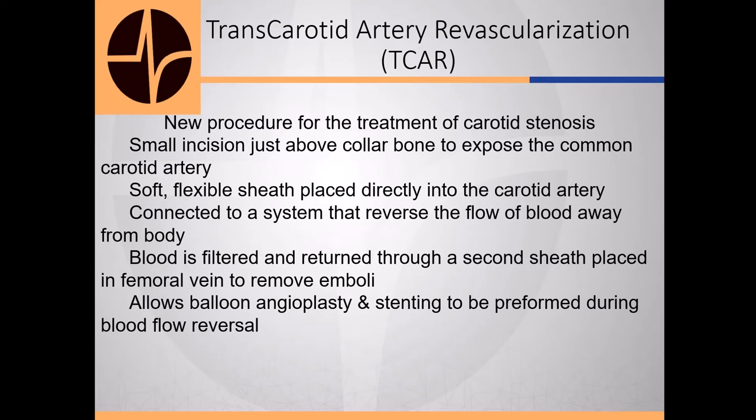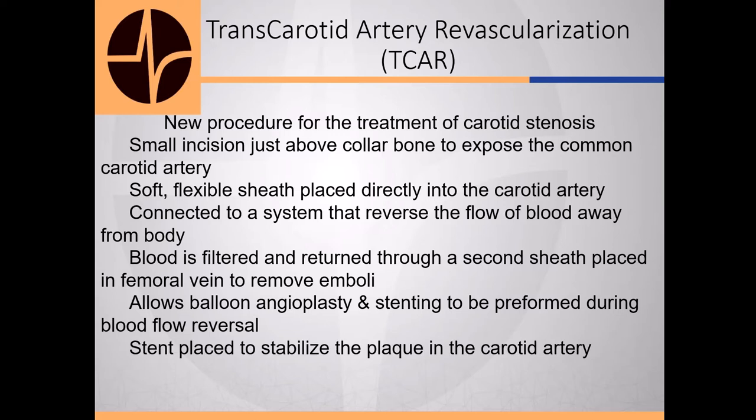Then they can get in there with balloon angioplasty and stenting to perform during blood flow reversal. And a stent is placed to stabilize the plaque in the carotid artery. So they don't really clean it out, they stabilize it. The flow is reversed and then turned off.